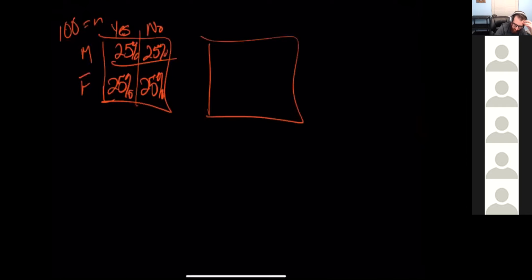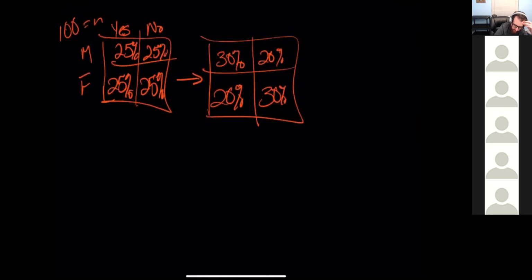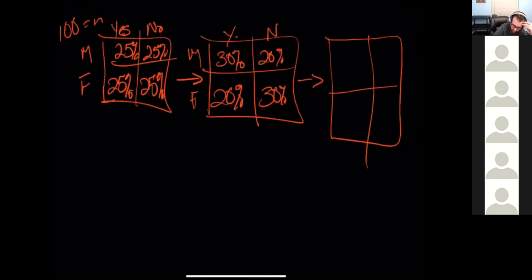If there starts to be a minor relationship, what we would see would be, let's say, 30 and 30 and 20 and 20. As we start to move this direction, we start to see that males a little more favor the death penalty than women. If we had a perfect relationship between these two, we would see 50%, 0%, 0%, 50%.